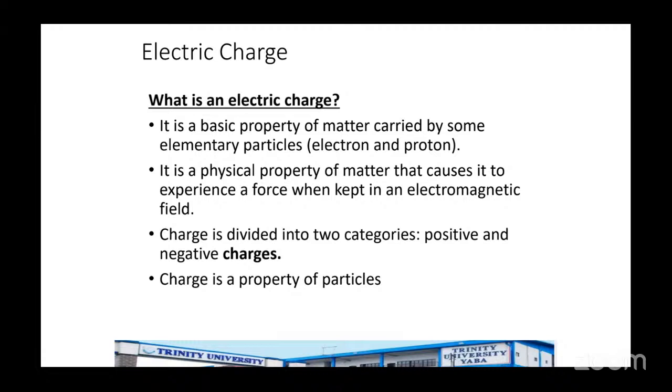So when charges are placed in an electric field or in a magnetic field, the force they feel, that is being attracted to one another or repelling one another, is as a result of the charge that the elementary property of matter carries. So we have two kinds of charges. We have positive and negative charges.